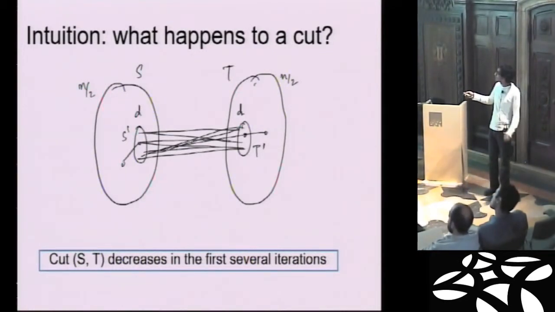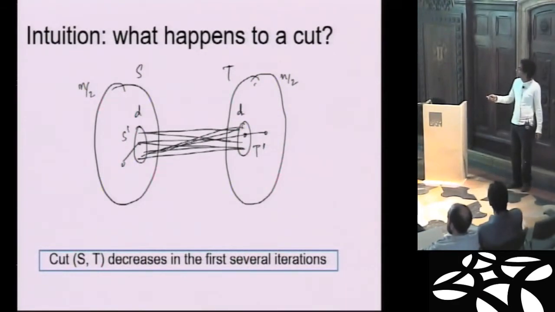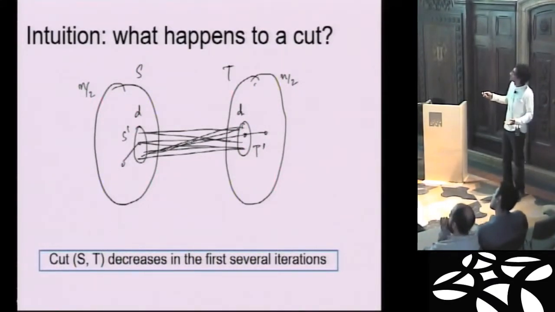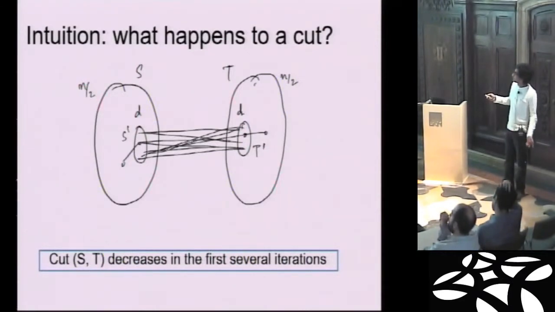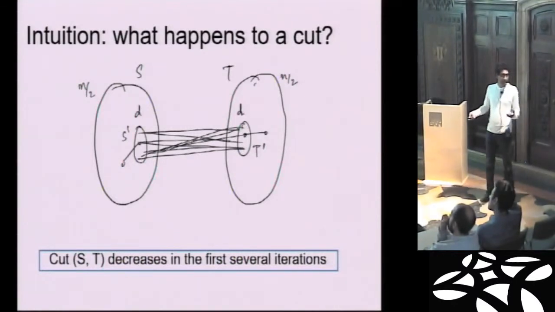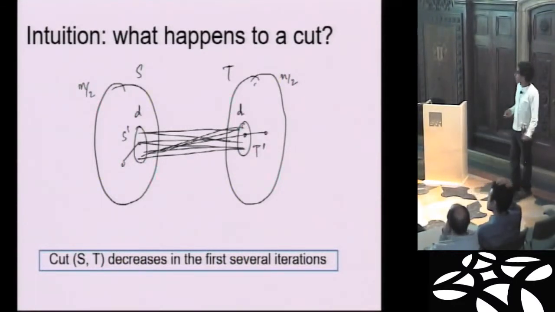Okay, so think there's an almost d-clique here, and maybe there's one edge here or one edge here. Okay. So now globally, this is a pretty sparse cut, but it's easy to verify that at least initially, you will end up actually decreasing the cut size. Okay. So this kind of simple monotone argument doesn't work.